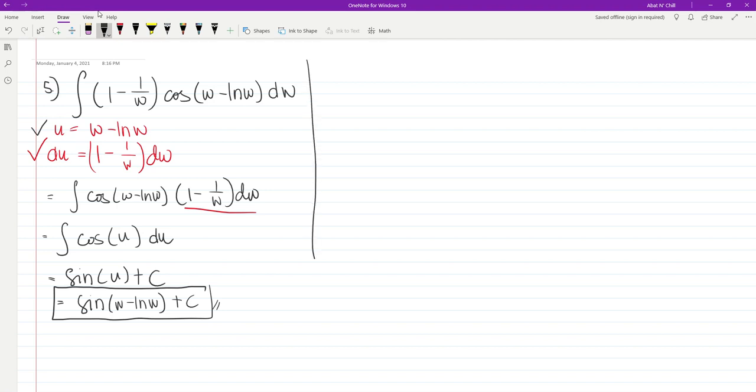Okay, let's go now to another example. For number 6, we have the integral of sine of 1 minus x multiplied by the quantity 2 minus cosine of 1 minus x, quantity raised to 4, then we have dx.